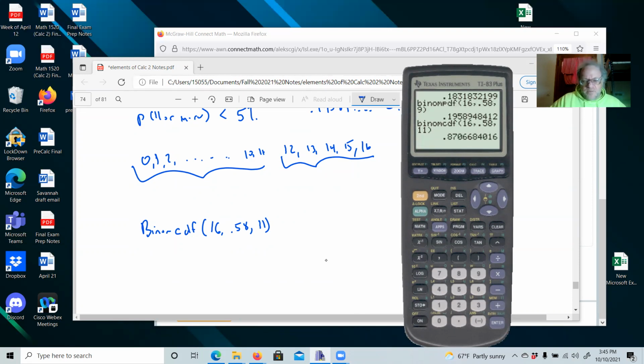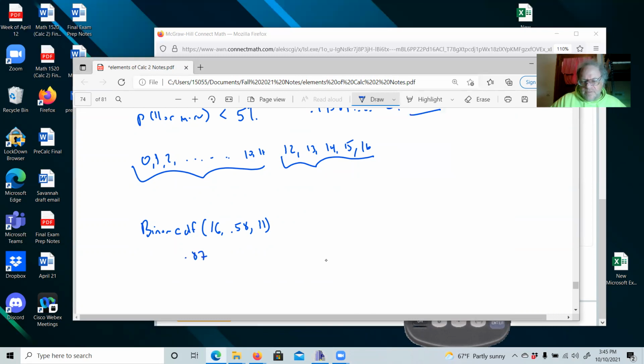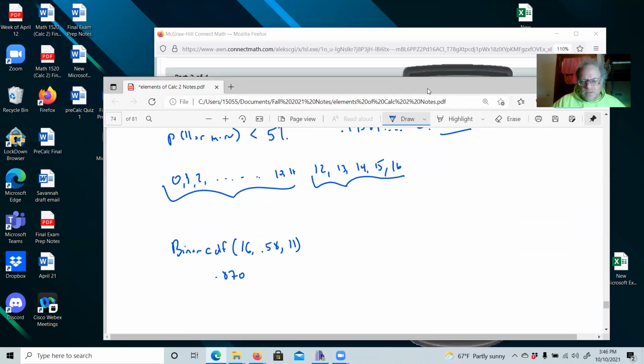So let's see, this was 0.870668. Okay, to 4 decimal places, this 6 turns that into a 7. So this is 0.8707, right? But what did the question ask? The question asked for more than. So we want 1 minus 0.8707.